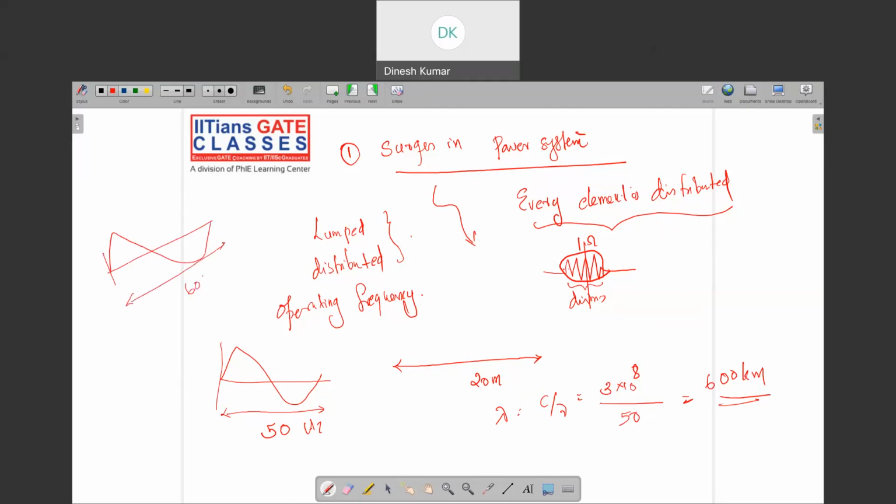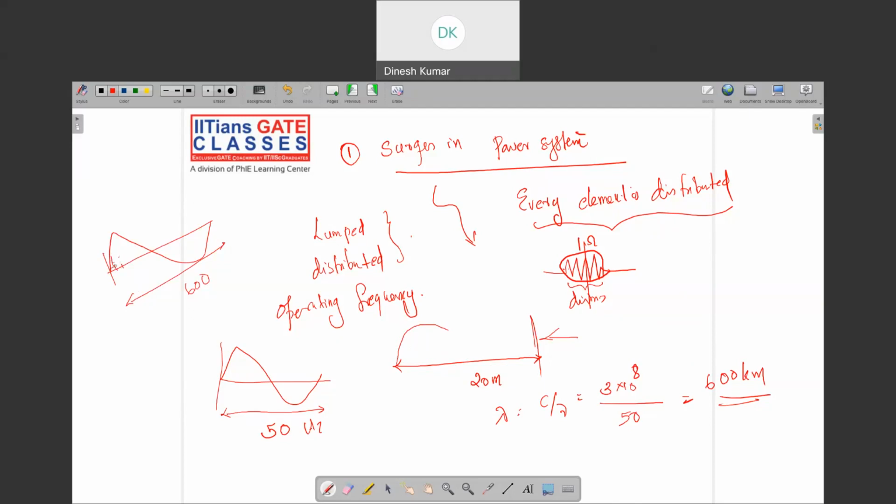Just think how big the wavelength is compared to the line. Whenever you look, the voltage remains almost constant over every 20 meters, in almost small sections.